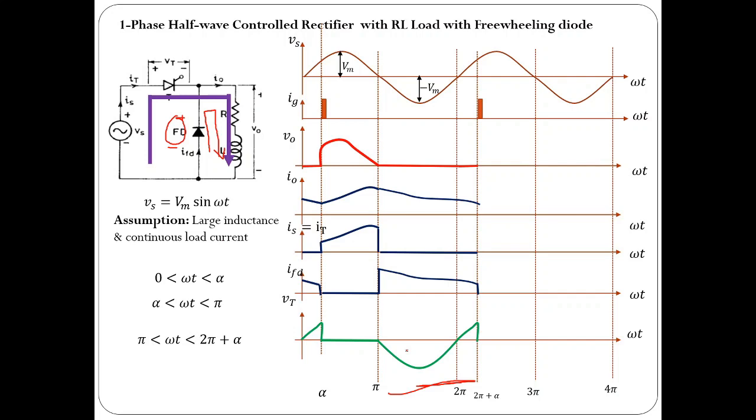So this is the operation of the wave control rectifier with R load with freewheeling diode. The same thing will repeat for the next cycle also, and the same waveforms would be repeated for the coming cycles.